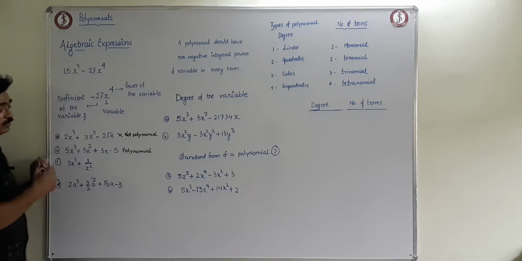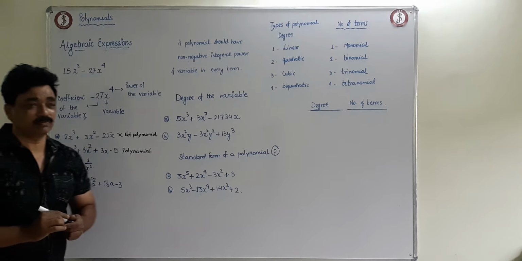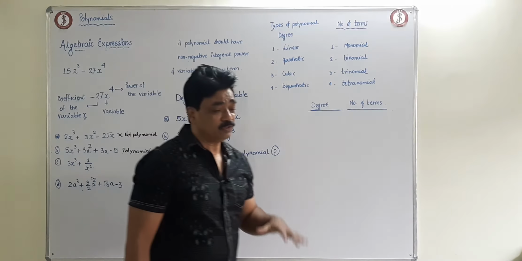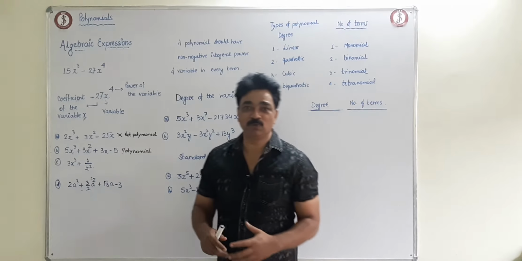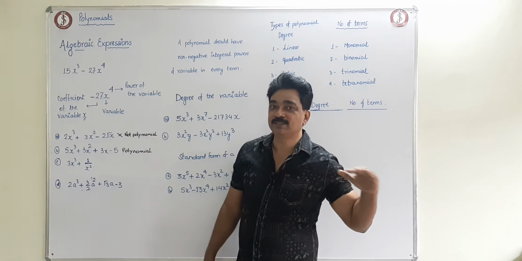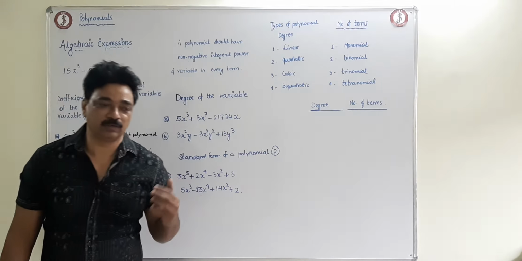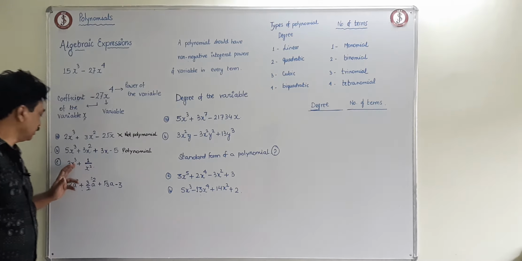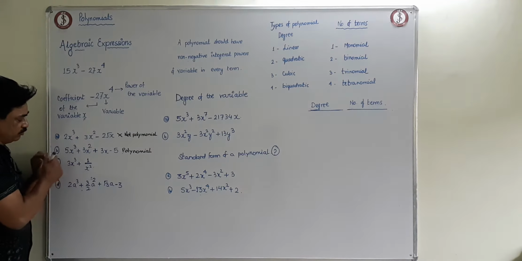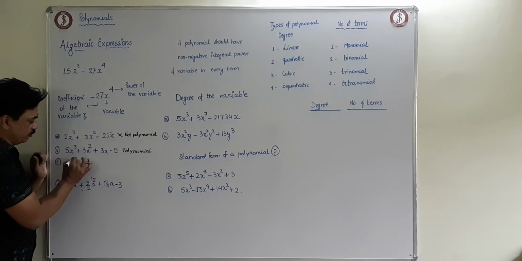So if you are given a question in which you have to select which is a polynomial and which is not, you have to make sure that you analyze each term. Now here is 3x to the power 3. If it is not clear, I will write it for you. Then it is 1 by x square.